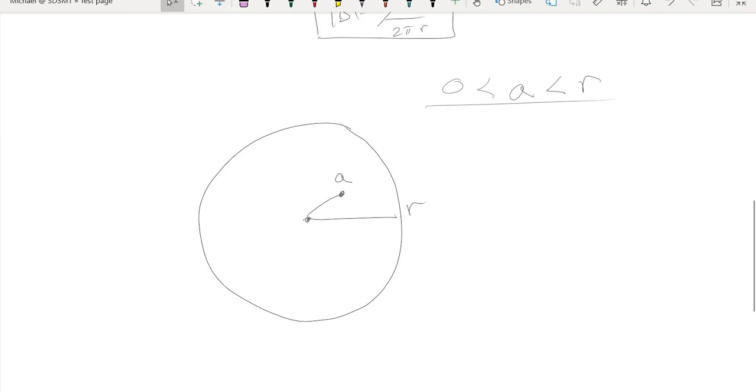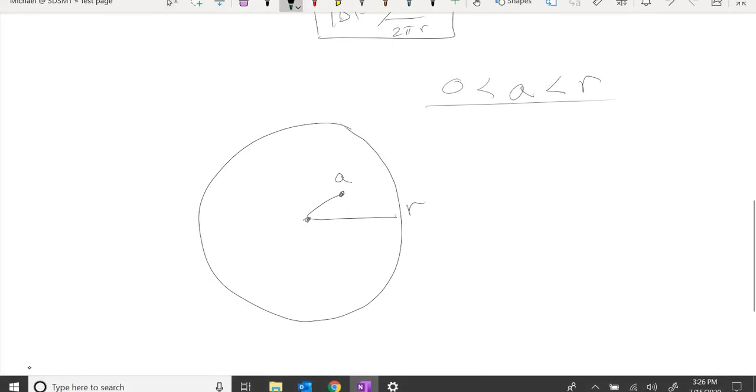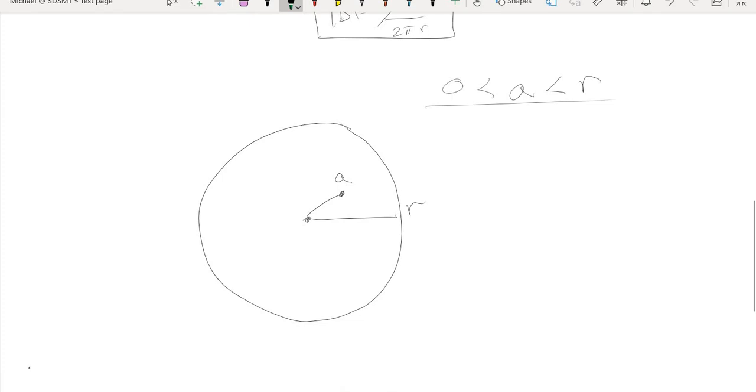Okay, well, at a radius of a, there's more than one point in the system where we have a radius of a. In fact, there's an entire path of radius a.